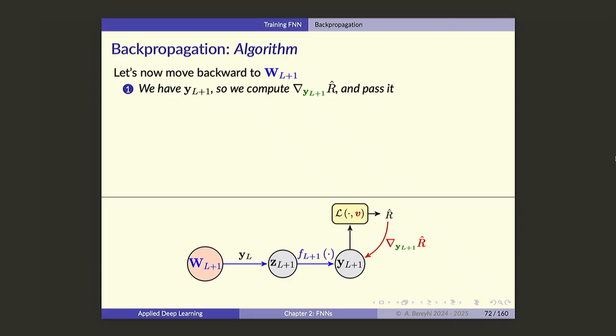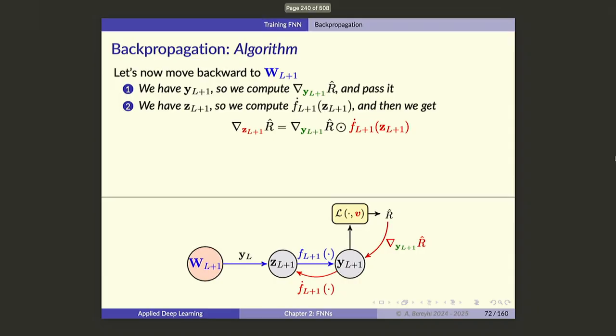We have the loss function, right? We can write it down and take the derivative with respect to every single entry of y, right? So you can do it. Say the loss is, for instance, (v minus y) squared, right? So the gradient is going to be 2 times (y minus v), right? You can write it down that way, right? So this one you can compute.